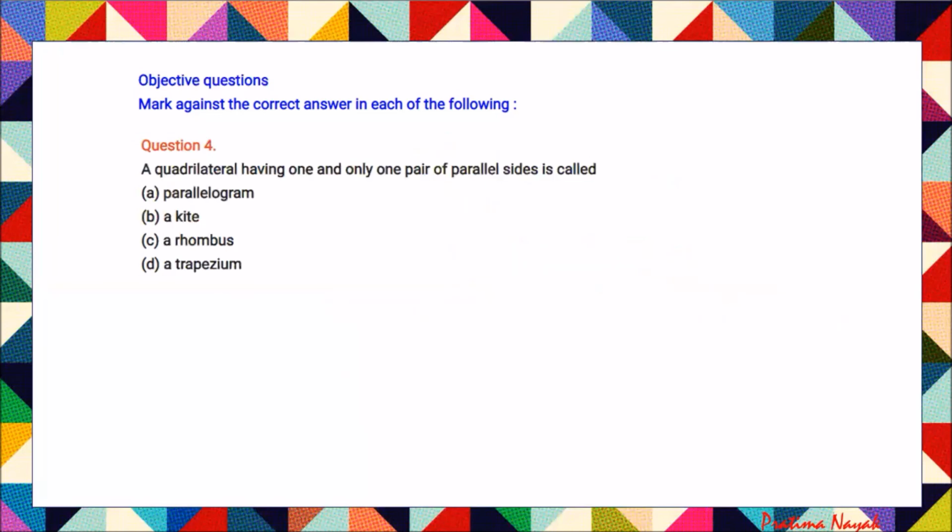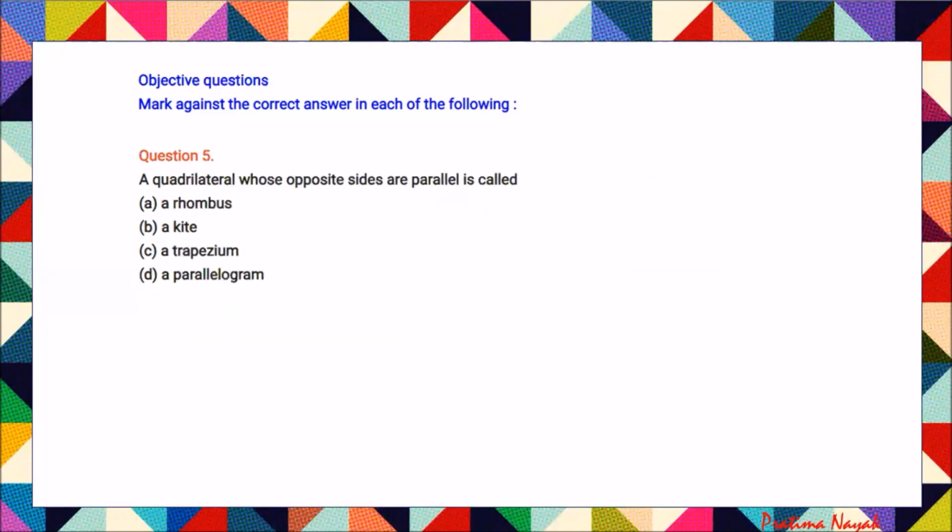A quadrilateral having one and only one pair of parallel sides. Only one pair, not both pairs. Which one? Yes, trapezium. The quadrilateral whose opposite sides are parallel, both pairs are parallel. Yes, parallelogram.